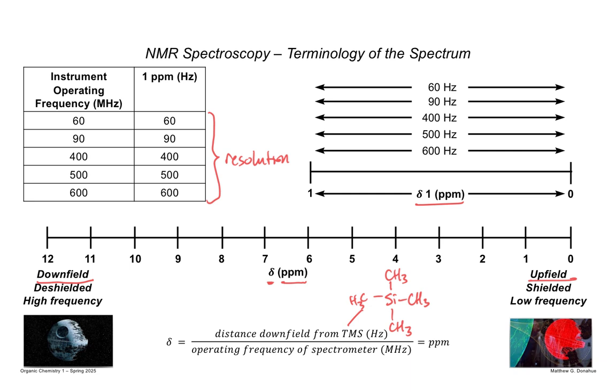And you have this magnetic field. Another way of describing it: when they're closer to 0, they're called shielded. When they're closer to 12, they're called deshielded. And then the last term, frequency, relates to the energy of the radio wave required to flip the spin.